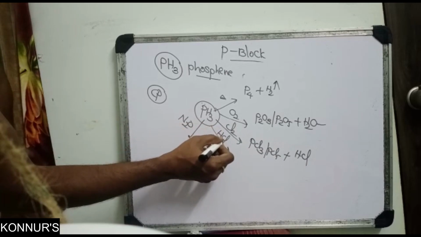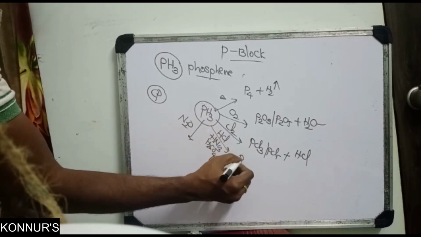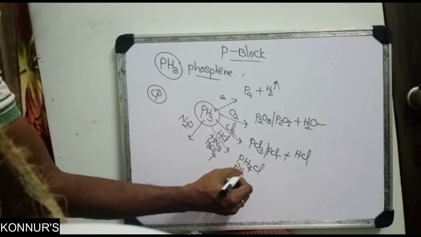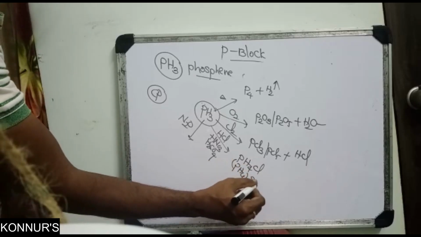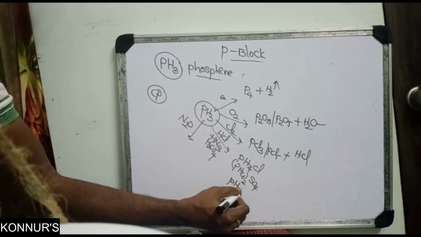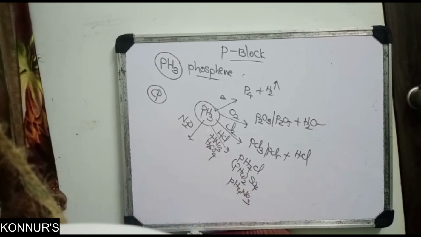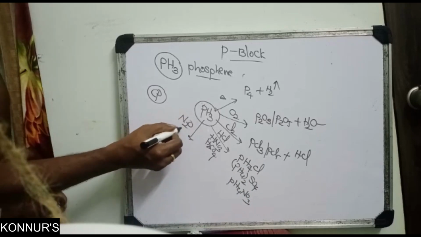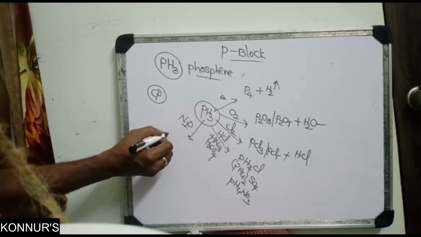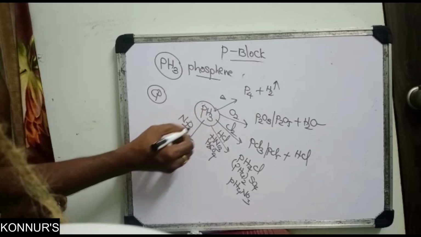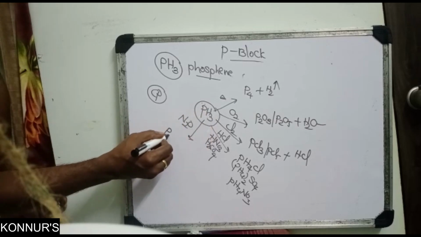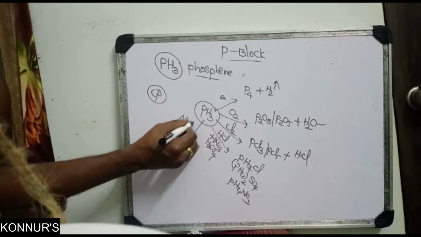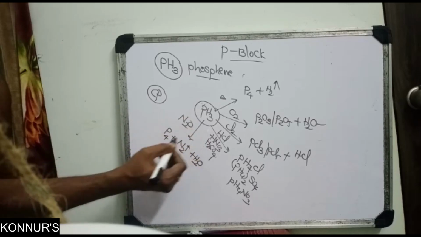Next HCl. HCl is an acid, so you are getting phosphonium chloride. Phosphonium sulfate or nitrate, PH4NO3. Next, you are taking this one. If we heat at the lowest temperature, phosphorus is separated, water you are getting, and nitrogen gas comes outside.